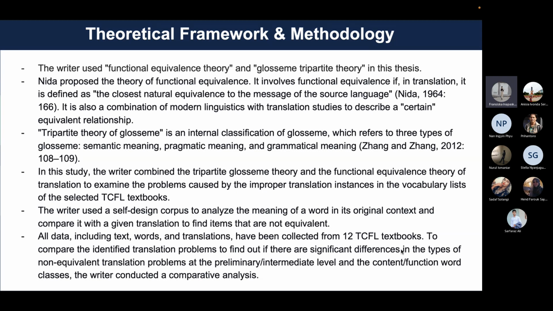In this study, the writer combined the tripartite glosseme theory and the functional equivalence theory of translation to examine the problems caused by improper translation instances in the vocabulary lists of the selected TCFL textbooks. The writer used a self-designed corpus to analyze the meaning of a word in its original context and compare it with a given translation to find items that are not equivalent.